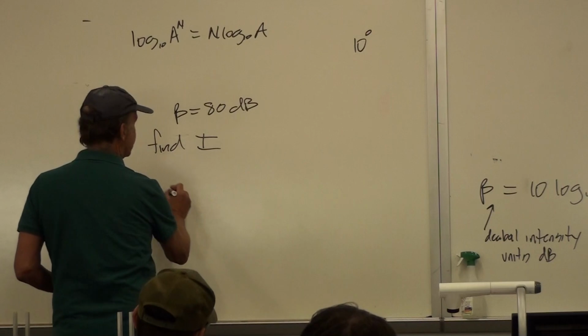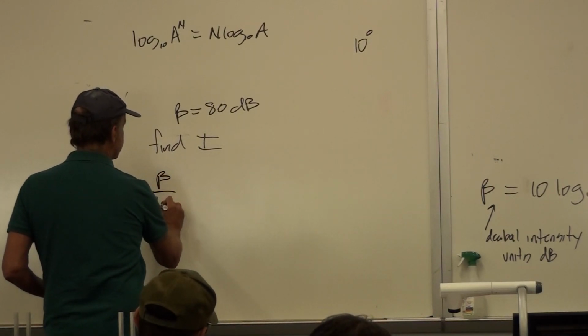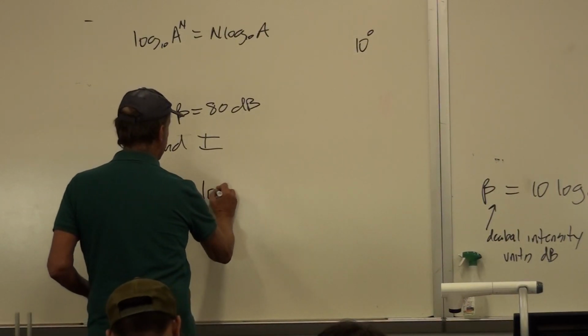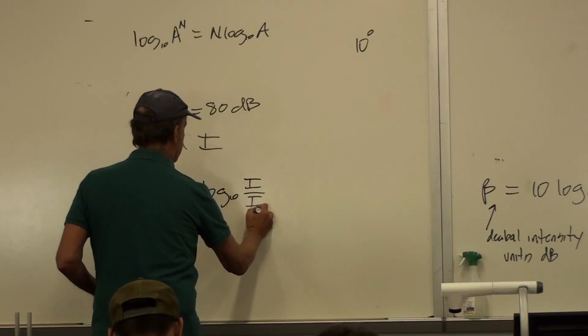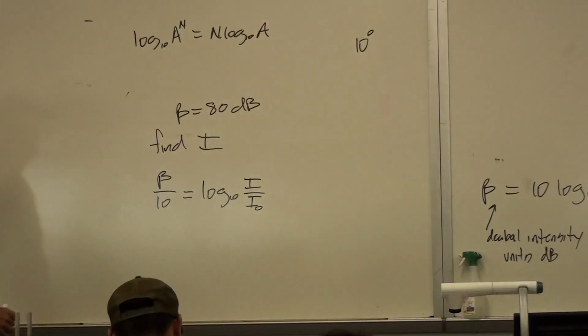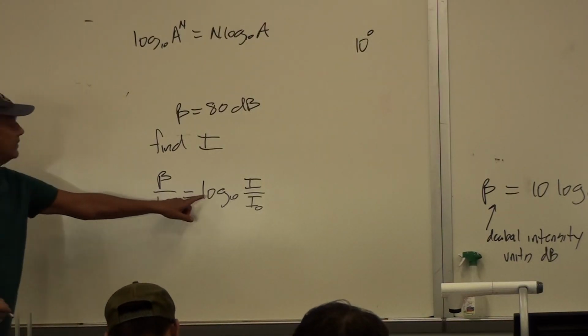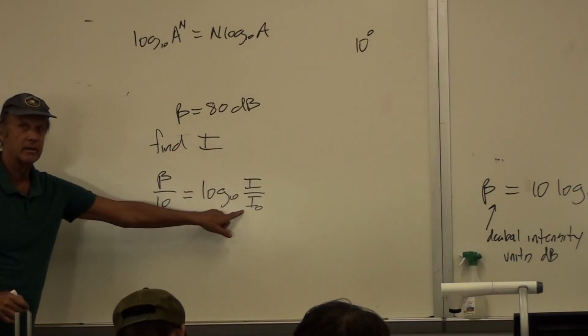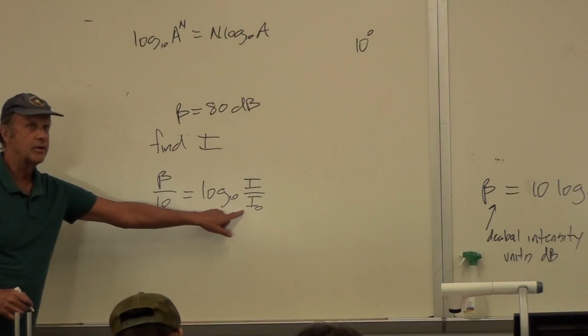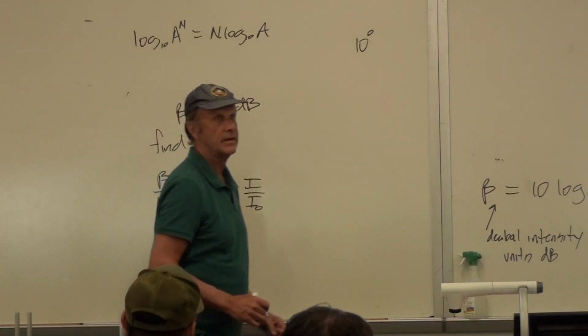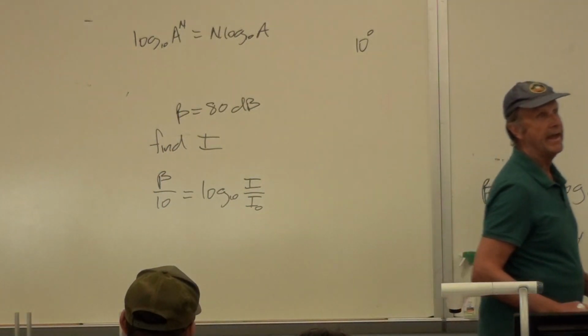Okay, so to do this here then, first what I'm going to do is divide through by 10. So we get beta over 10 is equal to the base 10 logarithm of I over I naught. And then to cancel out the logarithm, because I'm trying to get to the I, which is inside of the logarithm here, what should I do to isolate? Good.